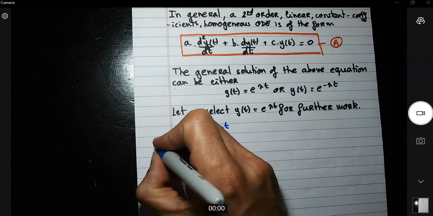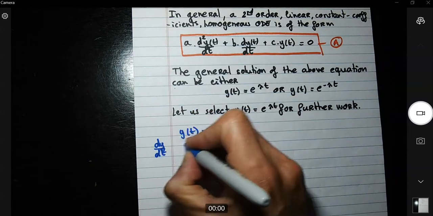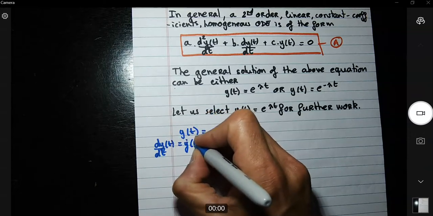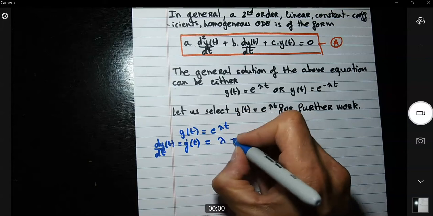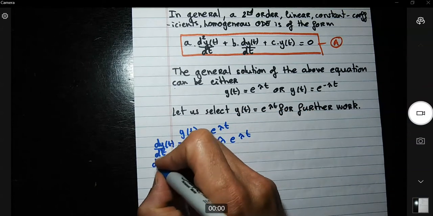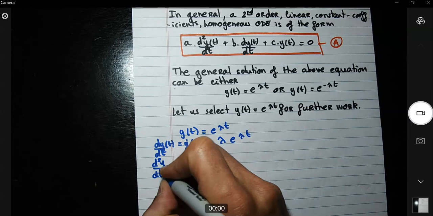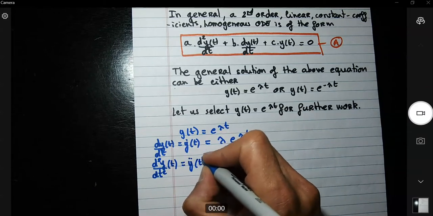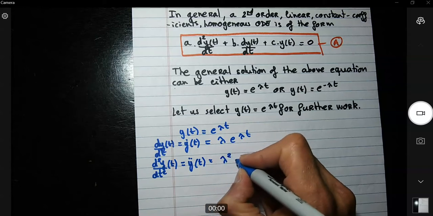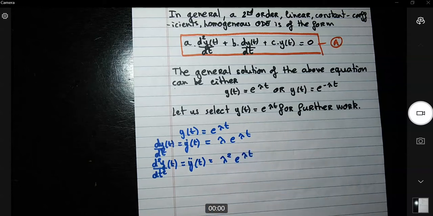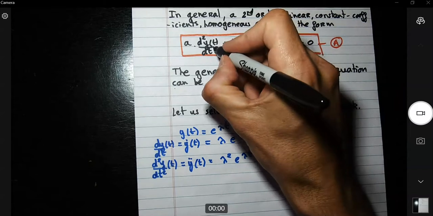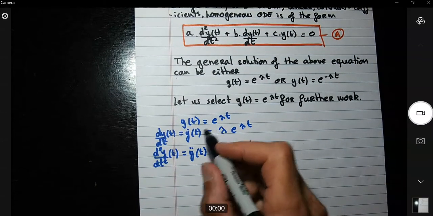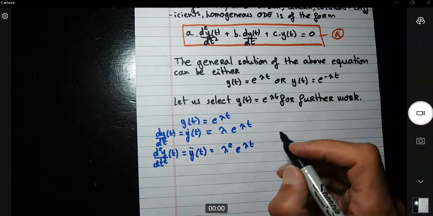So that will mean that dy dt of t, which will be y dot of t, will be equal to lambda e lambda t, and the second derivative will be lambda square e lambda t. And I just realized that I forgot here to put the square to that equation. So now what I need to do is substitute these expressions into the original second order ODE.